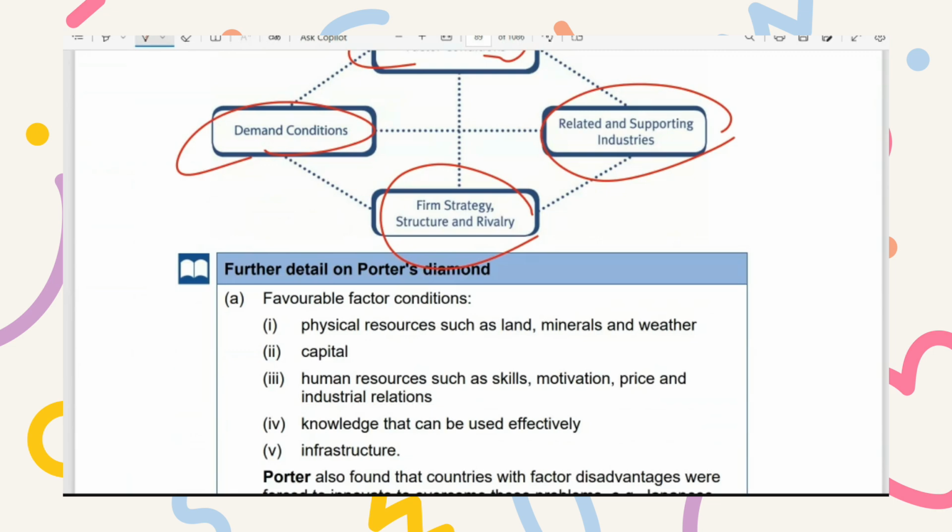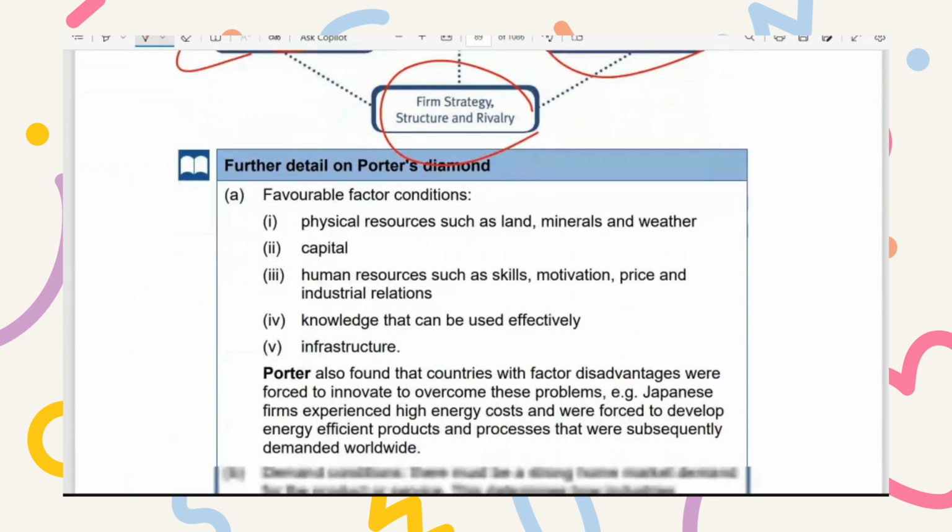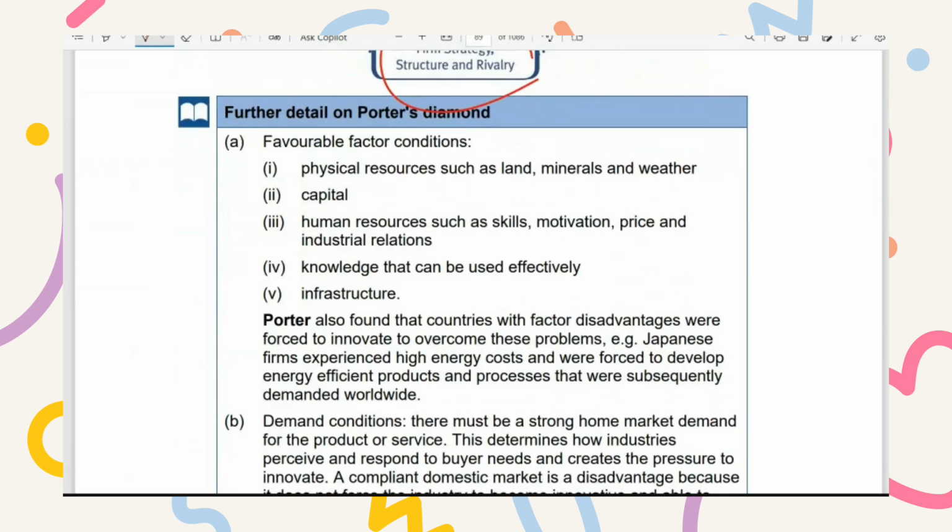They are much better than Chinese brands, though Chinese quality is now improving. So these are the things which make up the diamond.